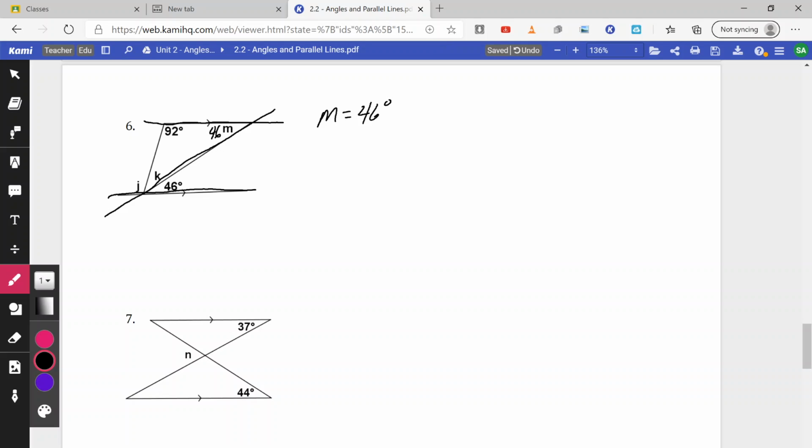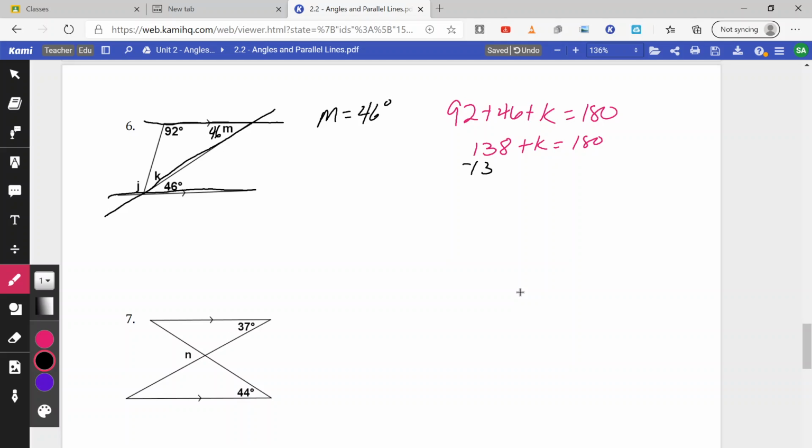And now we can take a look at the fact that we have a triangle here, and we know the triangle angle theorem that states all three angles within a triangle add up to 180. And we have 2 out of the 3. So 92 plus 46 plus K is going to give me 180. If I combine my like terms, I end up with 138 plus K is 180.